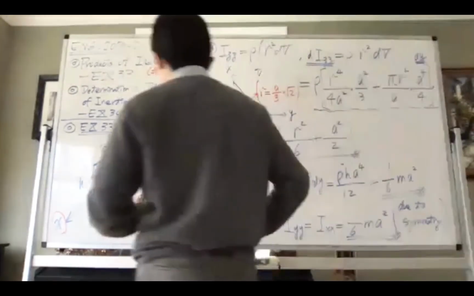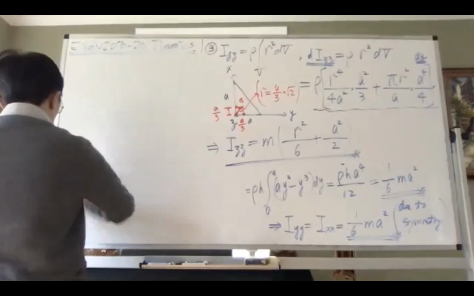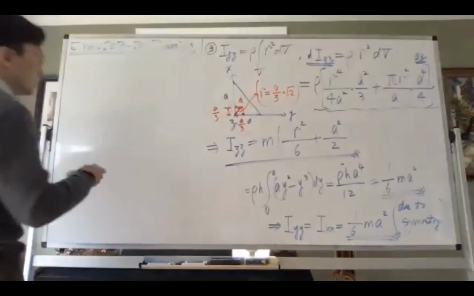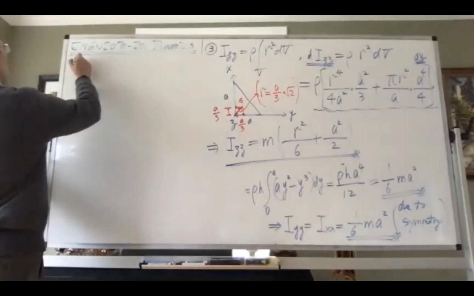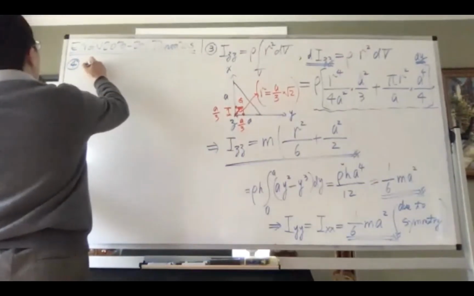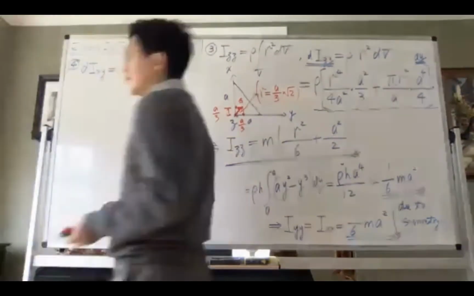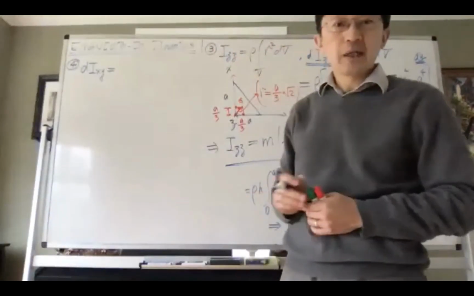Now, next value. By definition, the product of inertia is defined, if you're calculating Ixy, and this is in my notes, page 60.